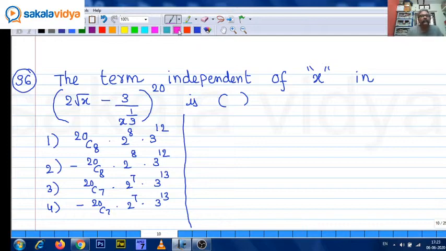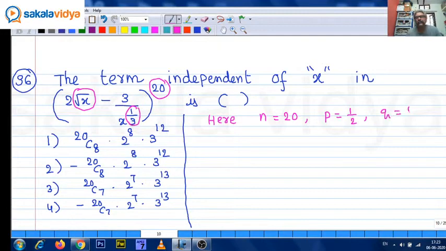Right. So that means first of all here this is n is equal to 20. So this power of p is equal to 1 by 2. This power, this is q is equal to 1 by 3. R value for independent term is np by p plus q. np means 20 into half, 10 upon 1 by 2 plus 1 by 3.